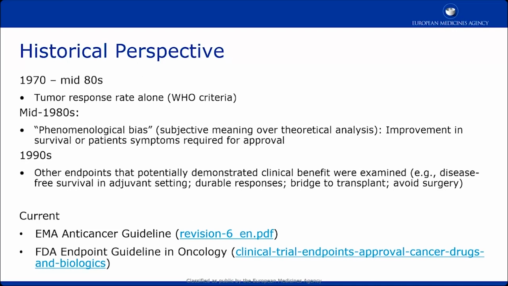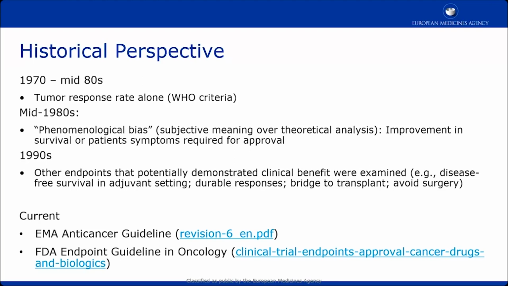So some type of improvement or a symptom that improves, something tangible that is perceived from a sort of subjective perspective. And this is an important introduction because very often discussion on endpoints, validity of endpoints, on clinical relevance, and so on, rely on this specific point. And one of the things you need to ask yourself, is this phenomenological bias the only thing that matters? I'm going to leave the question perhaps open to you to ponder about.